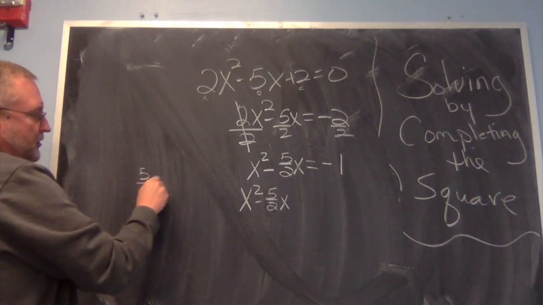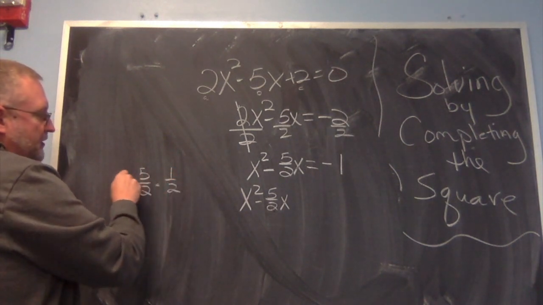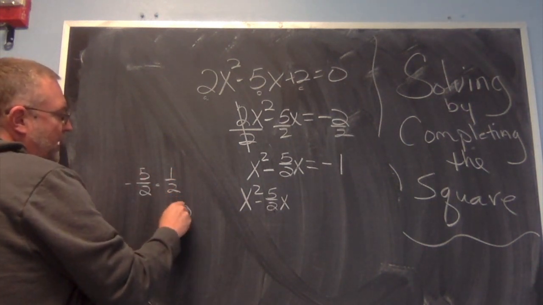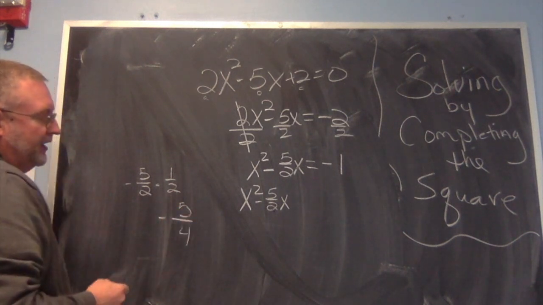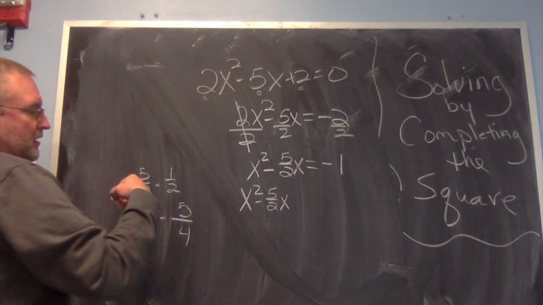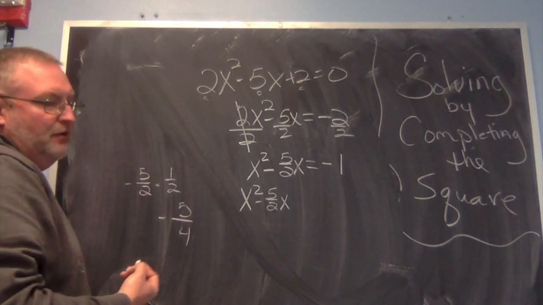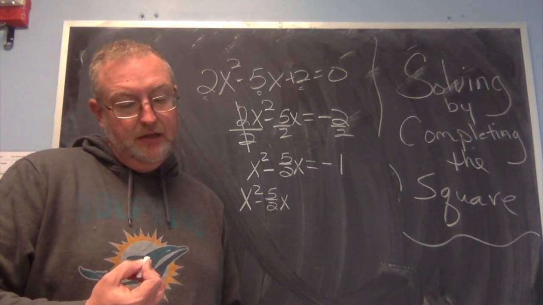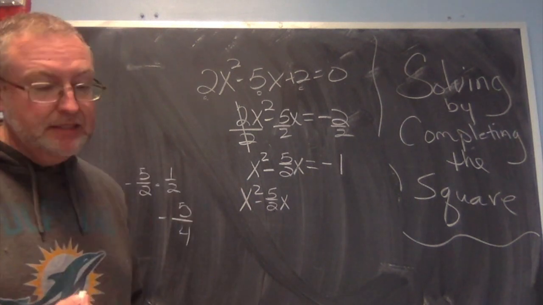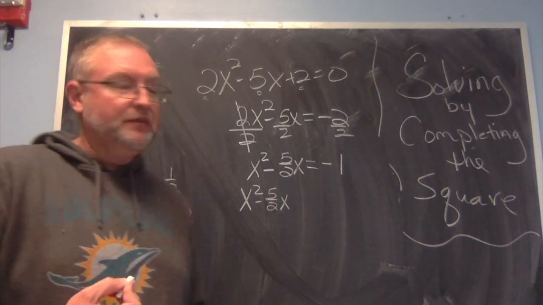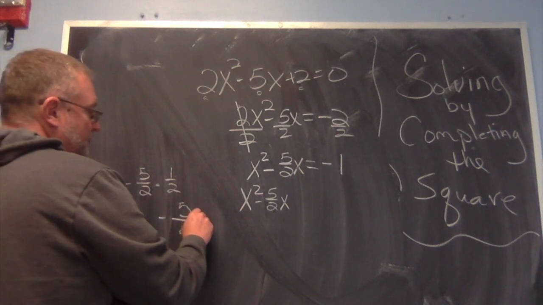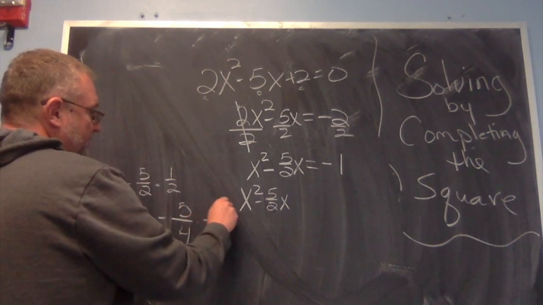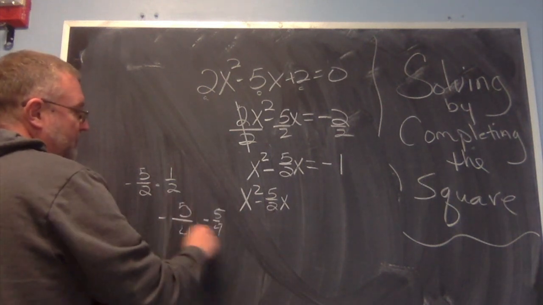So 5 over 2 times 1/2, I should say negative, which would be negative 5 over 4. Square this, negative 5 over 4 times negative 5 over 4, would be a positive 25 over 16, because you multiply it by itself.